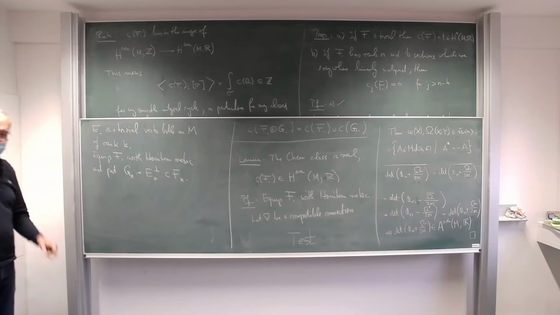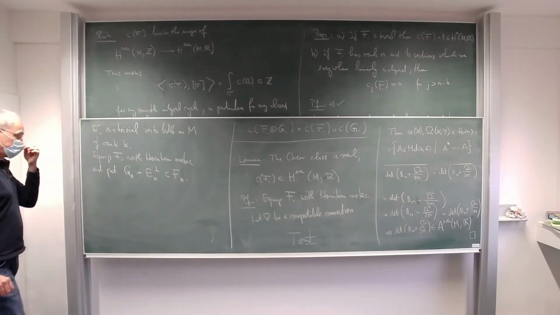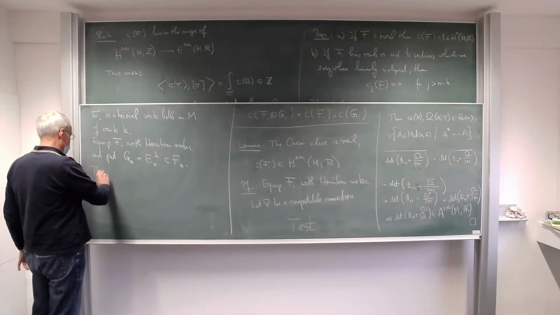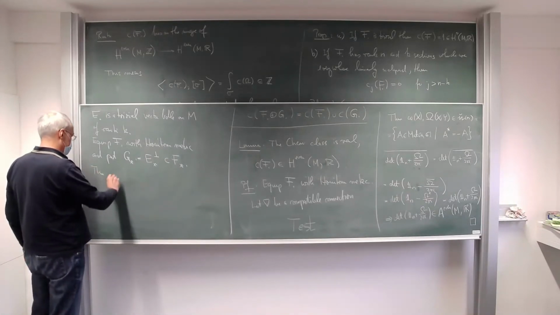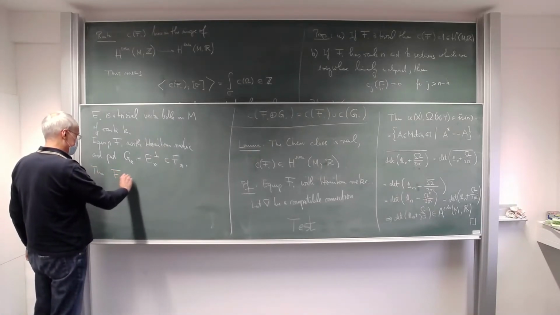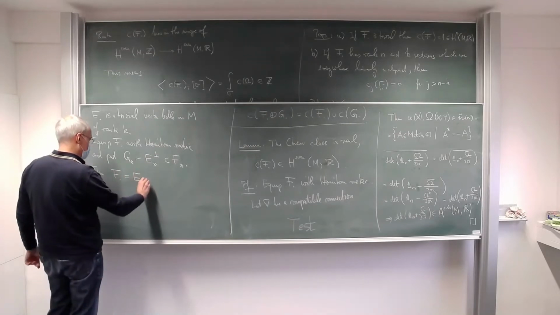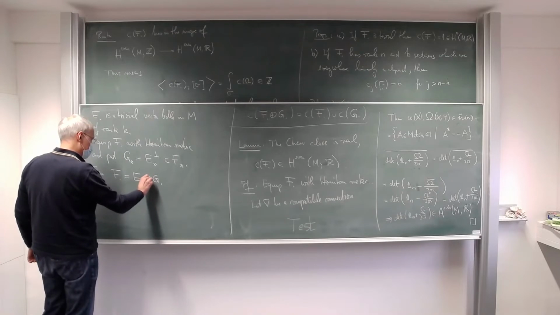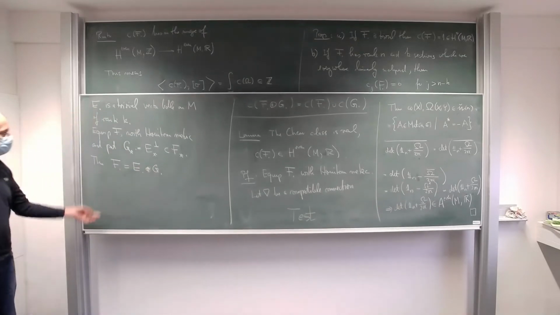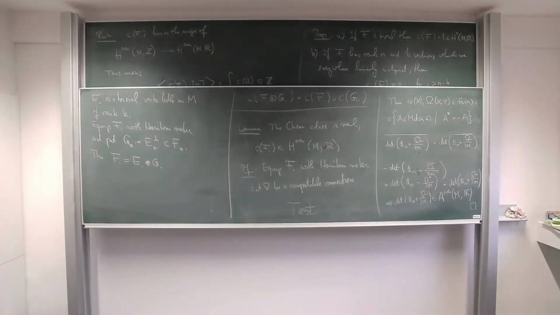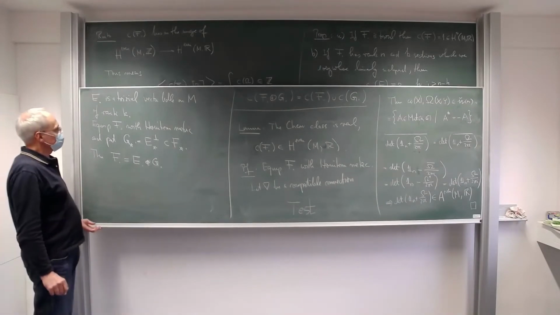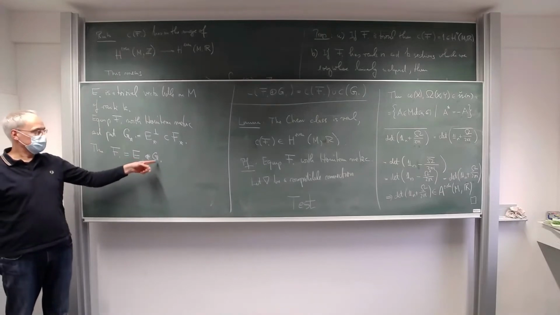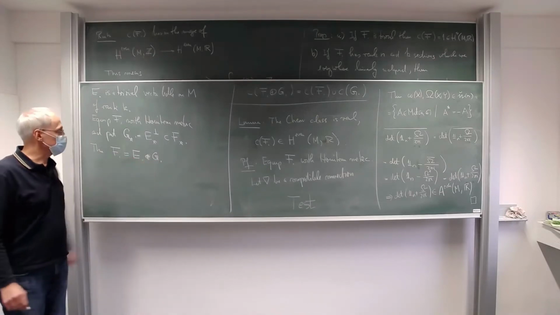So now we have a third vector bundle. It's also a subvector bundle of F. Right, then the construction is such that the given bundle F is a direct sum of E and G. Alright. So otherwise, this is just a subspace and then its orthogonal complement.